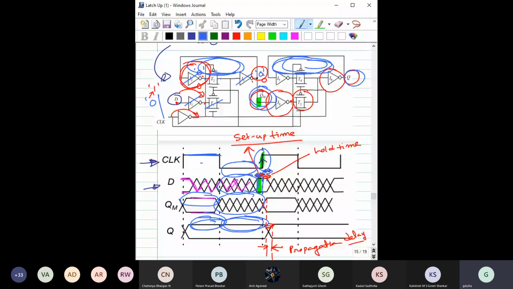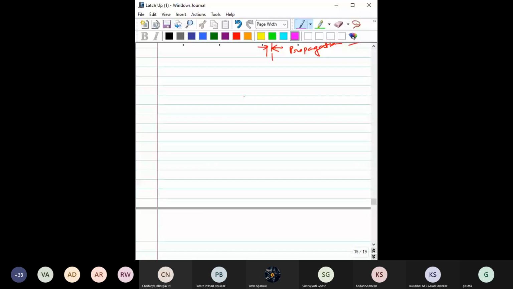As a result, for this entire duration, the Q will be stable, even though you can see here there is a change in this QM, this internal node. No doubt.